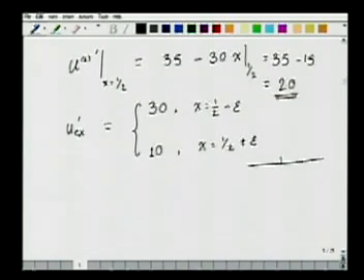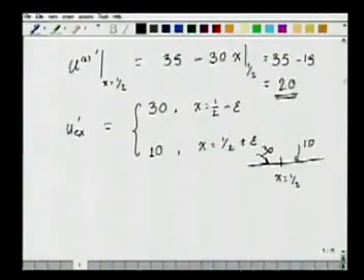Derivative in this region is 30, derivative in this region is 10. And what has the approximate solution given me? It has given me the average value of these two derivatives. Again, the numerical solution is not able to capture this jump in the derivative, which is inherent in the approximation that we have made.